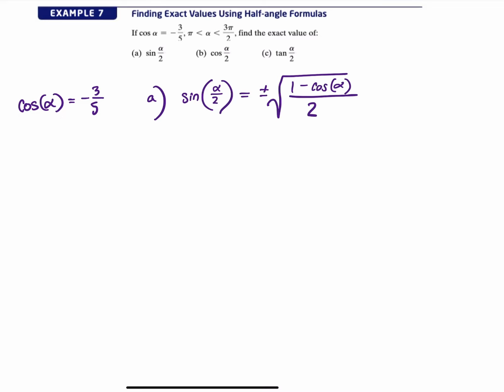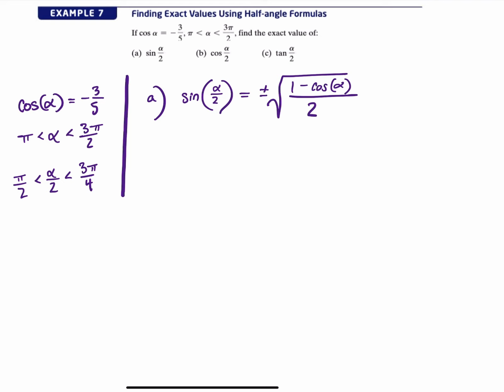So let's look at this inequality that they give us. They tell us that alpha is in between pi and in between 3 pi over 2. Well, we can just divide all sides of this inequality by 2, because that will give us alpha over 2 in the middle. So this would be in between pi over 2 and 3 pi over 4.